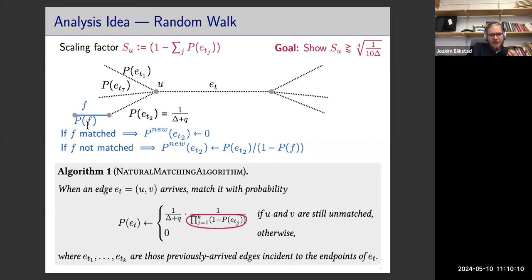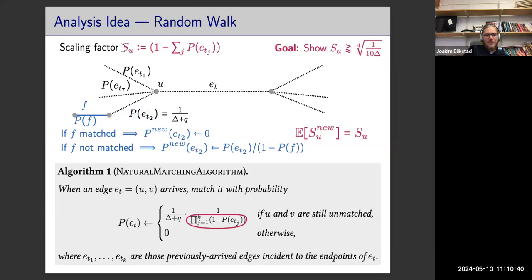If this edge f is matched, there's no chance for this e2 edge being matched, so its probability is updated to 0. On the other hand, if f is not matched, what this algorithm will do is just update this value. So it will now be a bit larger than 1 over delta plus q. But these two things happen with probability p of f and 1 minus p of f. So in expectation, this value here stays the same.